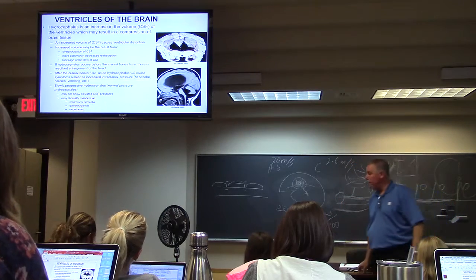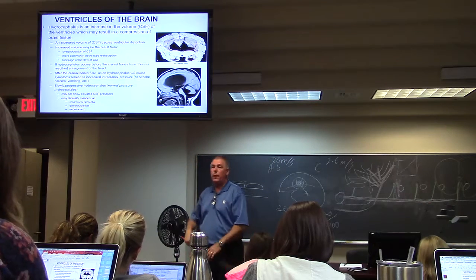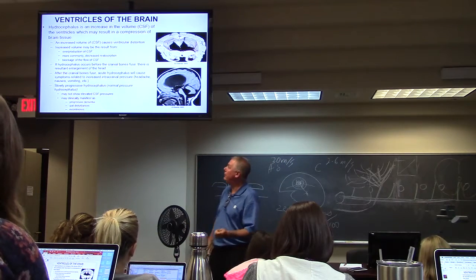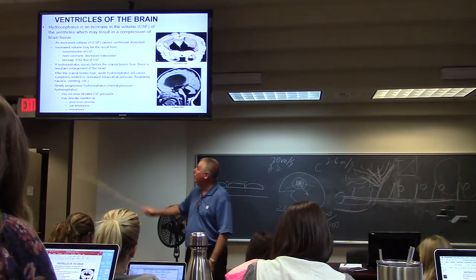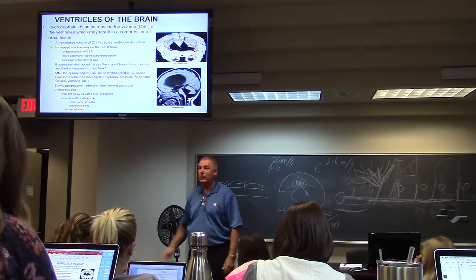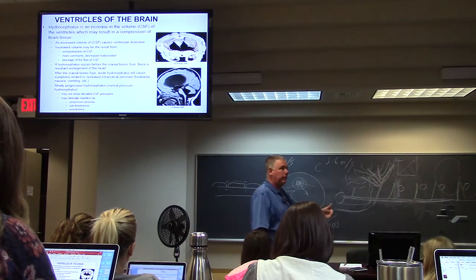By displacing or damaging the neural tissue, they wind up with dementia. I'll talk about the difference between delirium and dementia here a little bit, but they wind up with dementia, Alzheimer's-like symptoms.